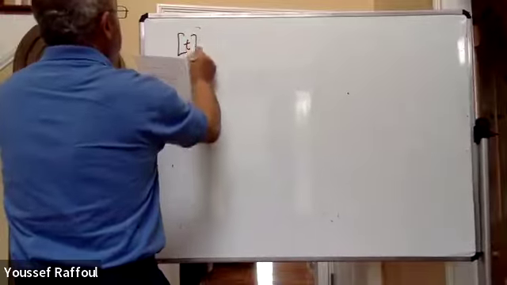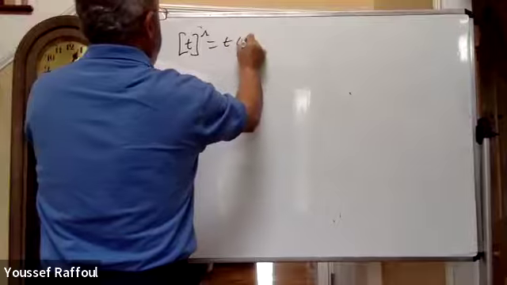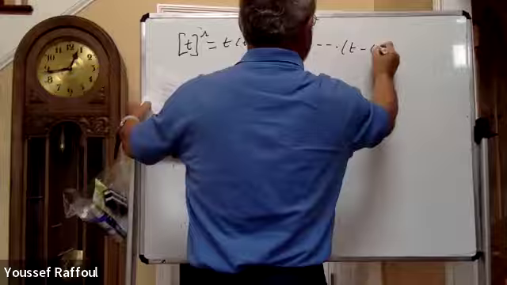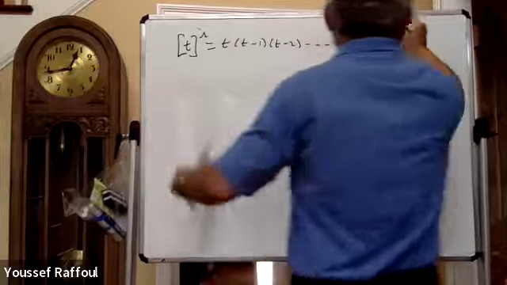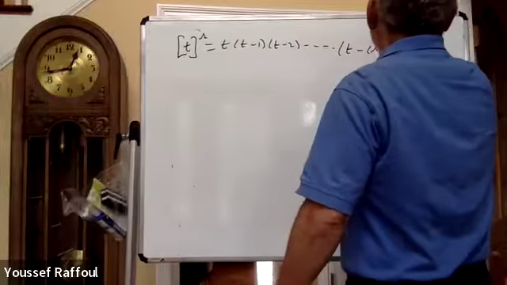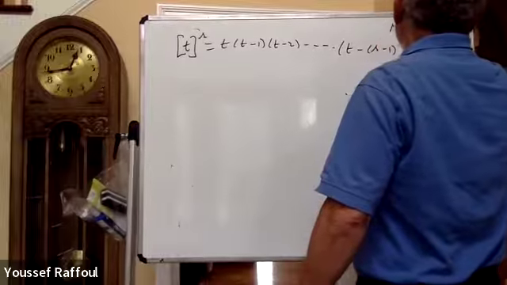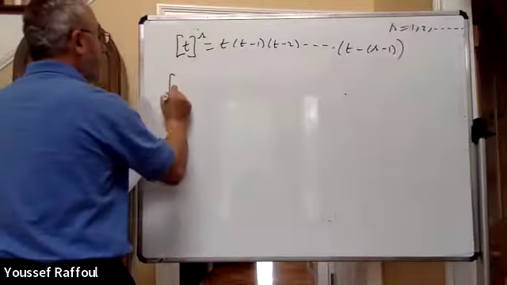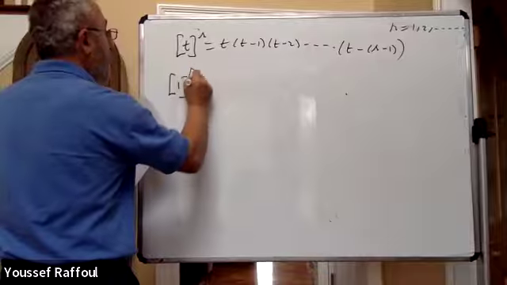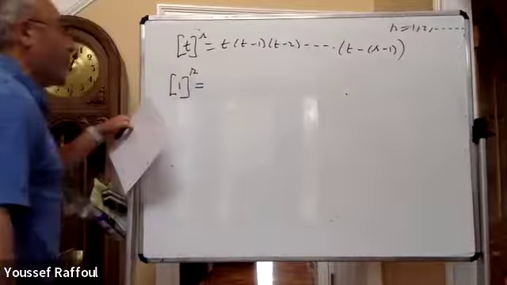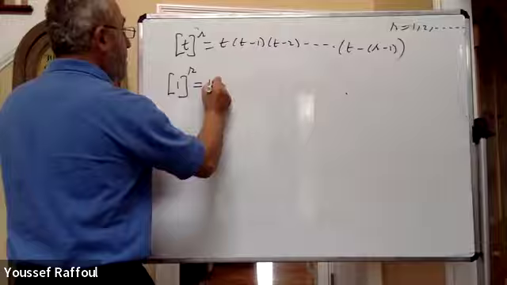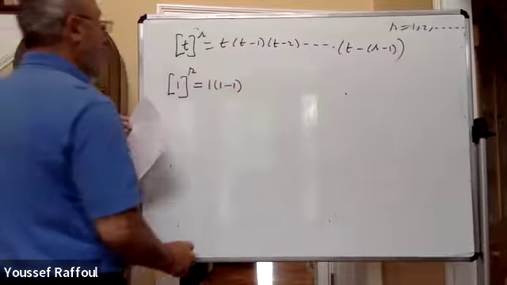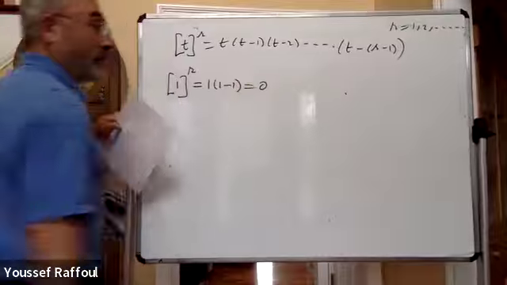So we know t to power r is t times t minus 1, t minus 2, up to t minus r plus 1, for r equal to 1, 2, 3, and so forth. So if I have 1 to power r for any r, immediately I have 1 times 1 minus 1, so for r equal 1, that will be 0.